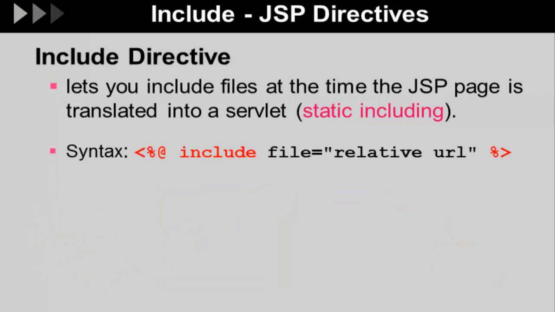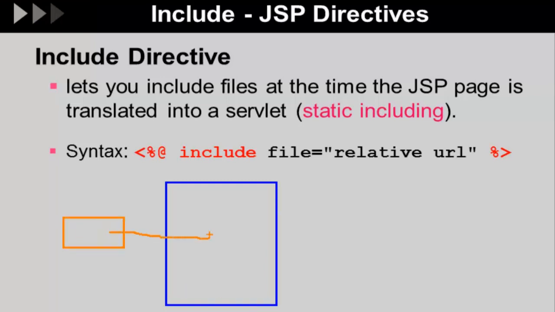So it happens only during the translation. What could be dynamic? Dynamic is when the page is requested. When the request is made, it goes and fetches the included page. There are two ways in which you can do it. What is the meaning of dynamic? Now you have the original page and the included page.